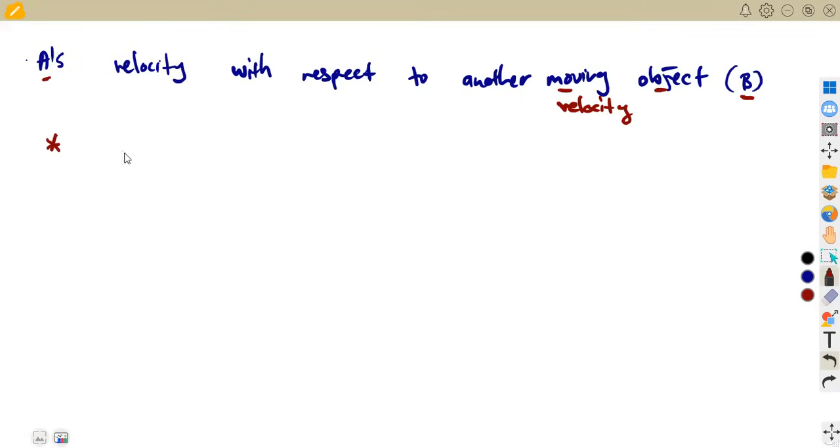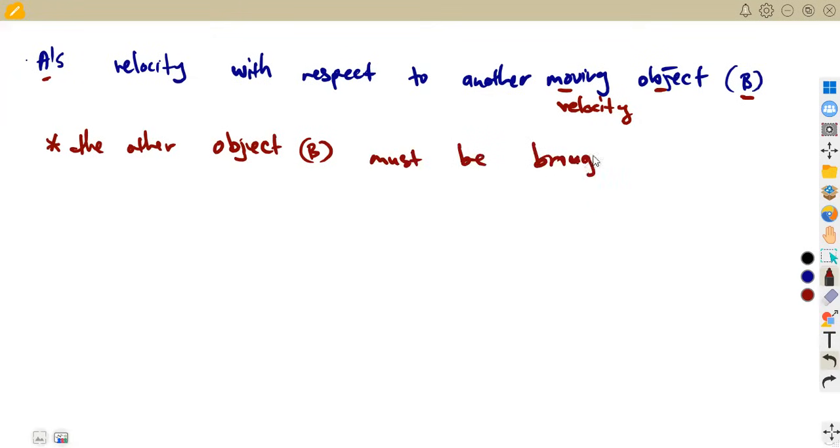So let us say the other object, which is the moving object, B, must be brought to rest. This is what you're going to consider: it must be brought to rest. What am I trying to say?